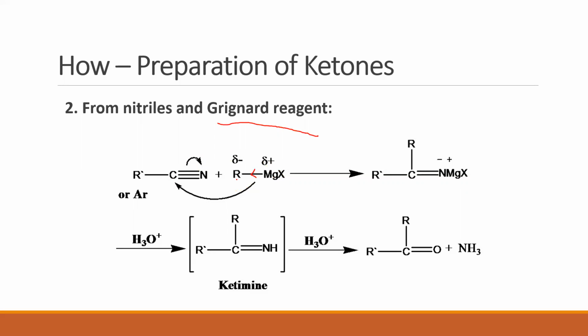R minus from here attacks carbon, forms a bond. This bond shifts onto nitrogen, forming a negative charge. MgX is devoid of electrons. It needs to form a bond with somebody quickly. MgX with the positive charge will attack the negative charge or take away the electrons of this negative charge to form a bond. N-MgX. Clear?